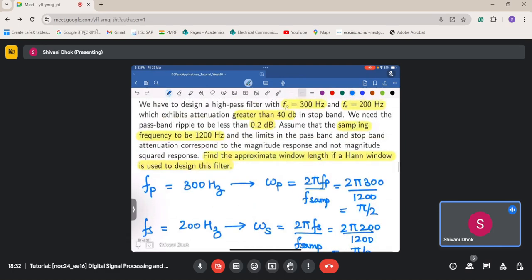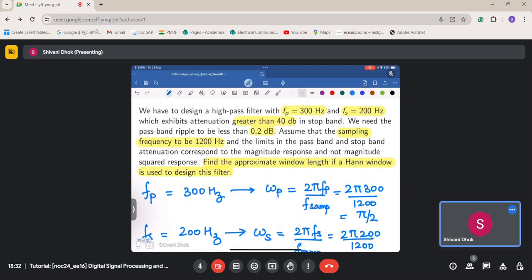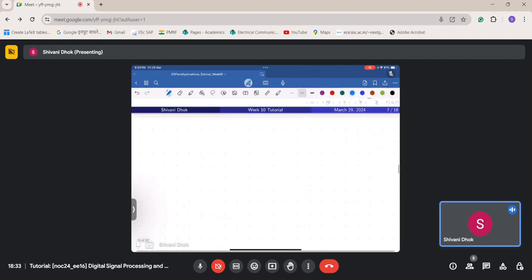Now what we need to find out is the approximate window length if a Hanning window is used to design this filter.